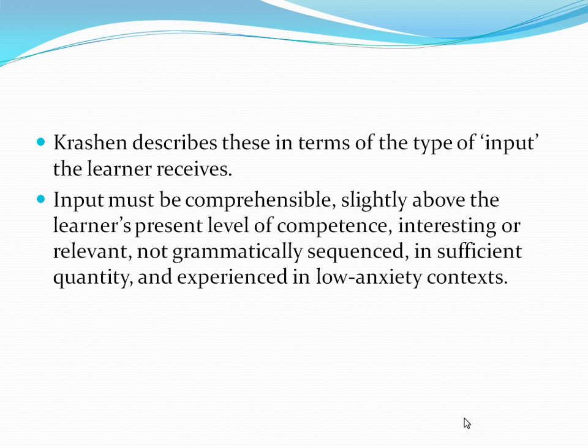So if there is no anxiety, learning will not be happening. So less anxiety. So input must be comprehensible, slightly above the learner's present level. Okay, so this is we are talking about condition. So slightly above the learner's present level of competence, interesting or relevant or grammatically sequenced, in sufficient quantity and experienced in a low anxiety context.